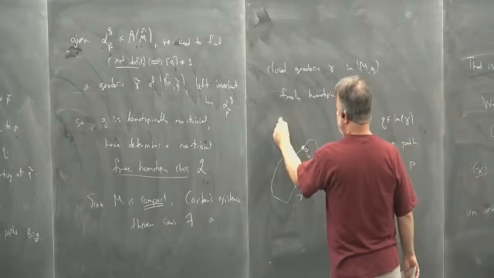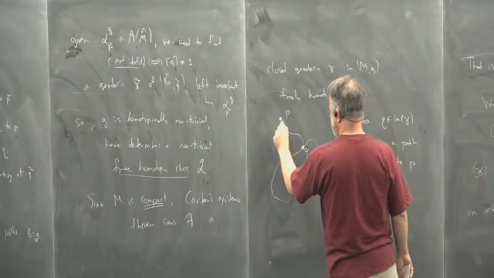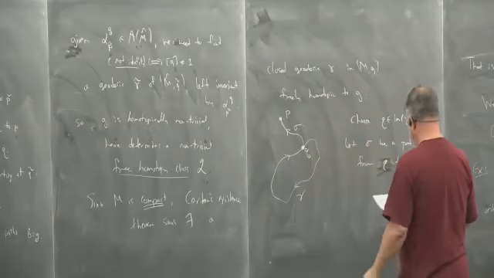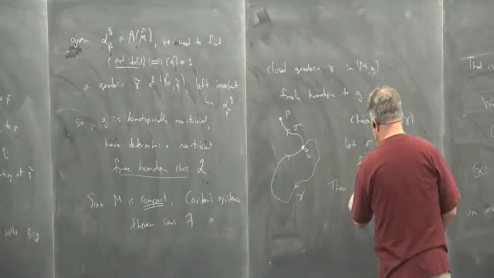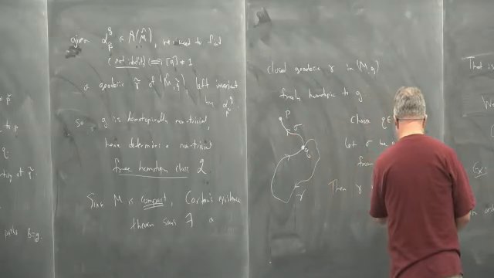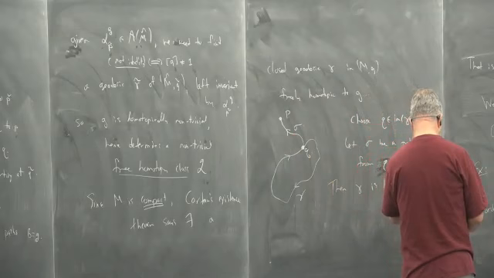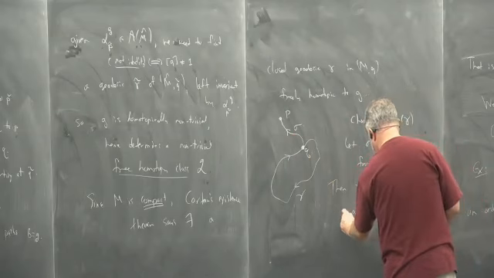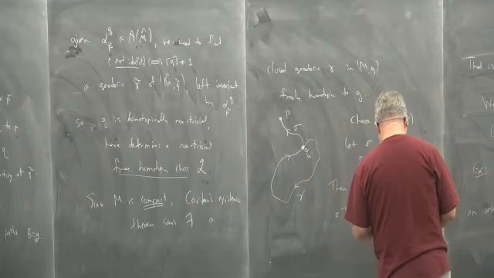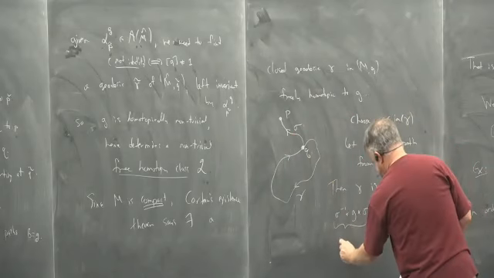So P is somewhere, and sigma goes from Q to P. Then gamma is homotopic to sigma followed by G followed by sigma inverse. This is a loop at Q.